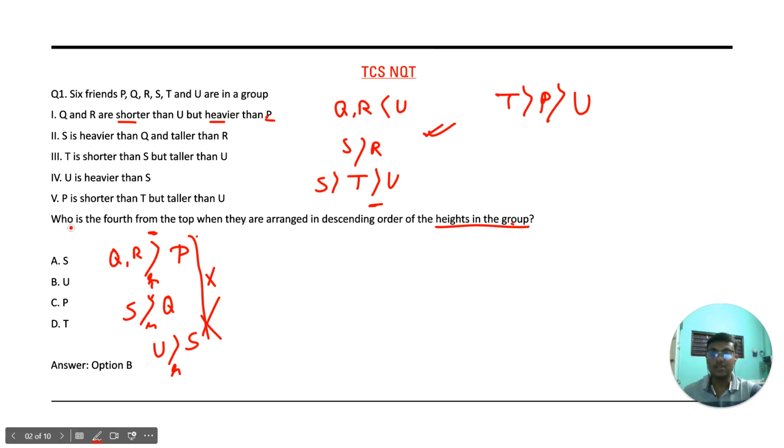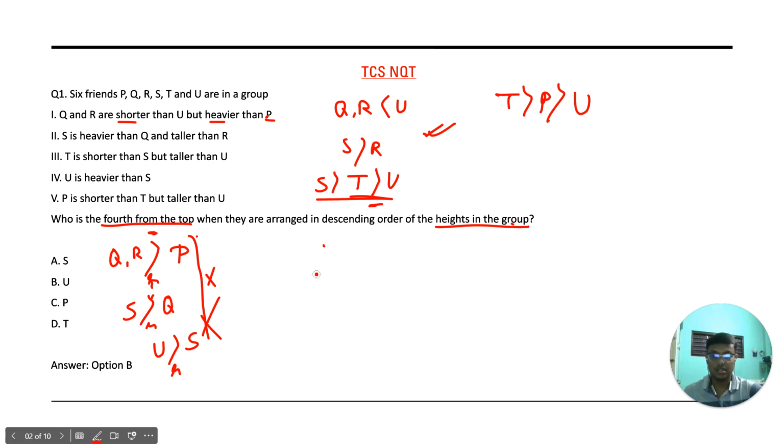So the question says, who is the fourth from the top when we arrange in descending order of heights in the group? Got it. Here one of the arrangements is already present.